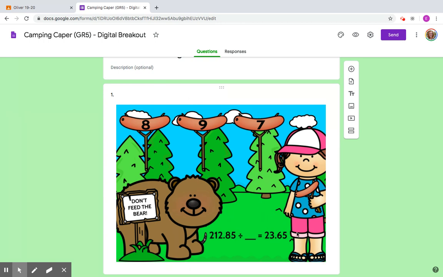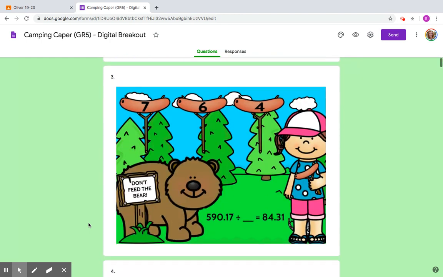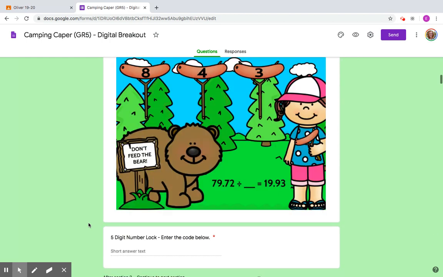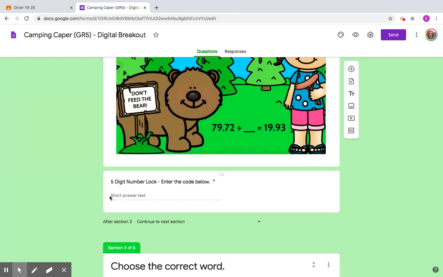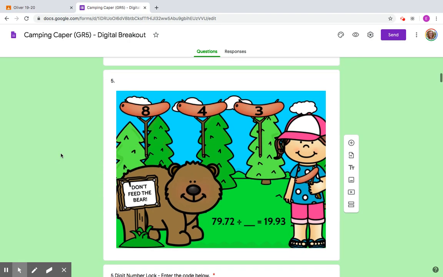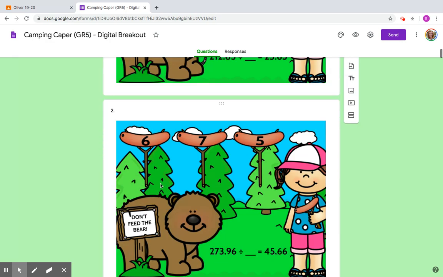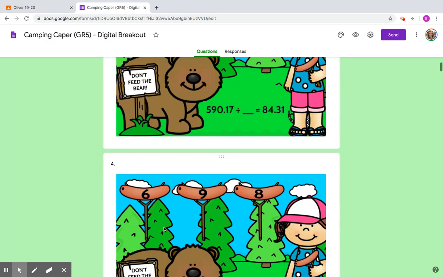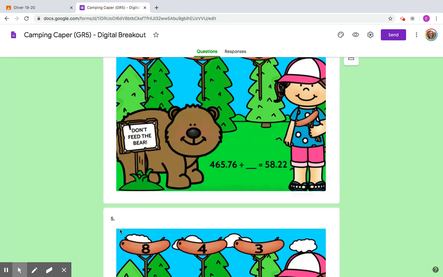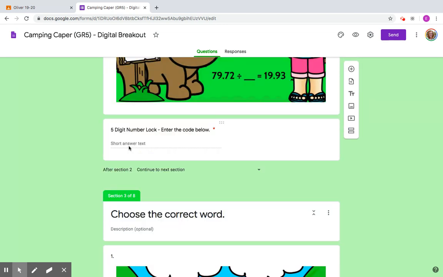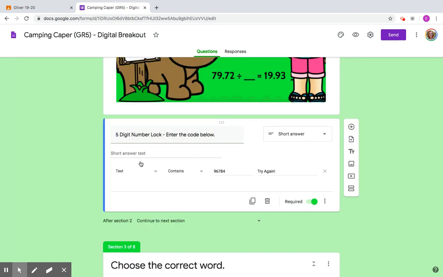Or you can multiply our quotient by our divisor to get the dividend. You have a few of those, and then you're going to put them in order below. So if you got a 9 here, you're going to put a 9. Then 6, then 4, then 9 again. Whatever order they are in, you're going to type them in that order down there.